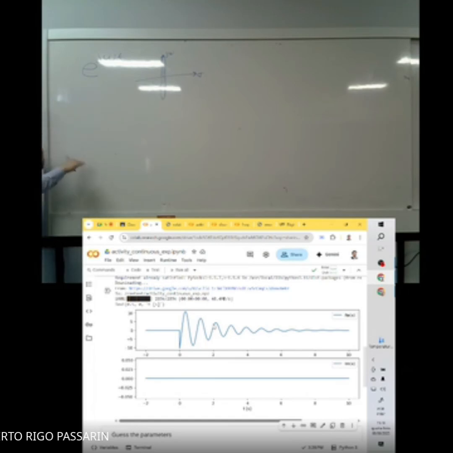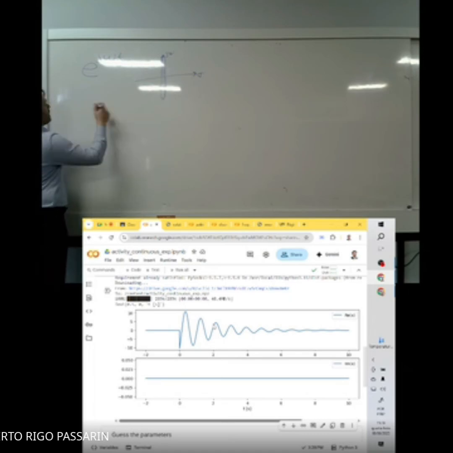And then we will come back to the discrete case. We'll be talking about exponentials where the radius is 1. So we have 1 times the angle.